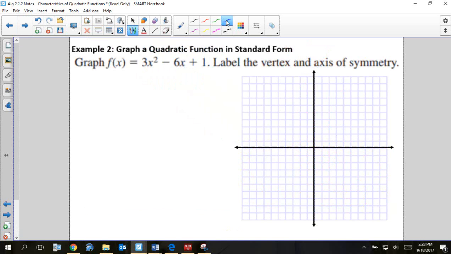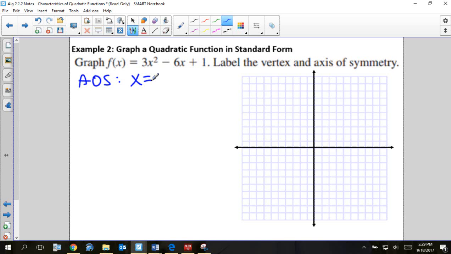f of x equals 3x squared minus 6x plus 1. First thing, what form is this in? Standard form. So we have to use the stuff we're memorizing for standard form. So the first thing you're going to find is the axis of symmetry.